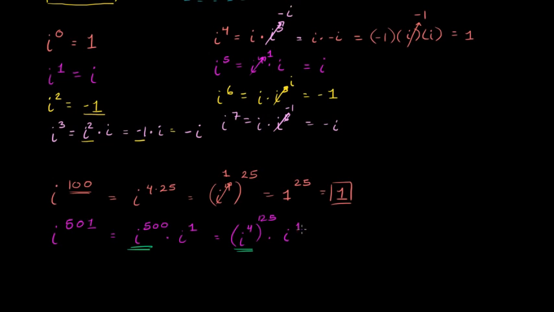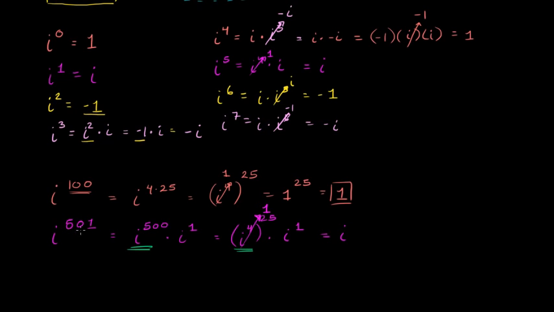Well, i to the 4th is 1, and 1 to the 125th power is just going to be 1. This whole thing is 1, and so we are just left with i to the 1st, which is equal to i. So it seems like a really daunting problem, something that you would have to sit and do all day. But you can use this cycling to realize that i to the 500th is just going to be 1, and so we're just left with i times that.